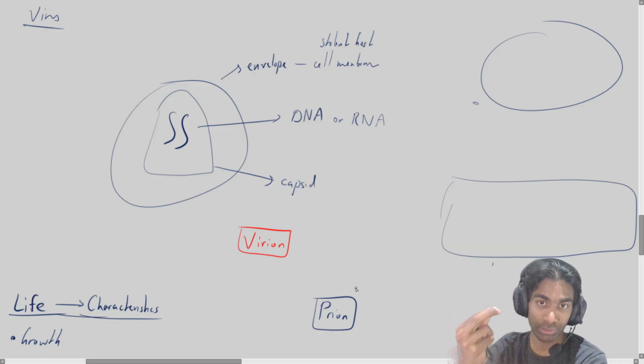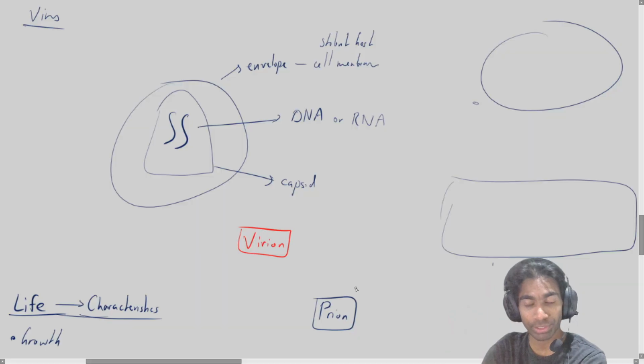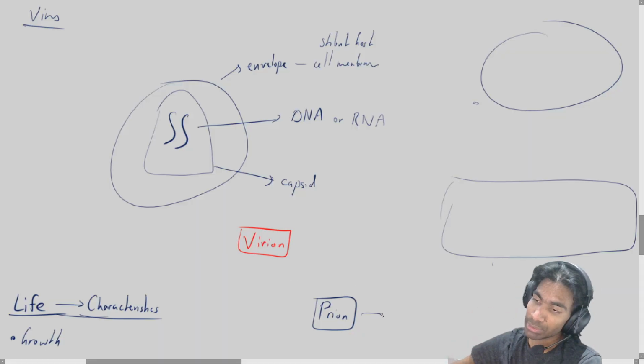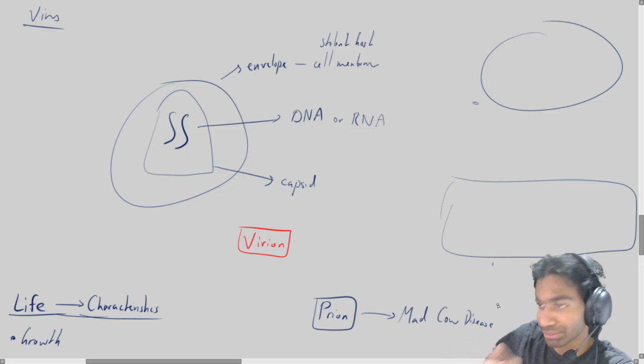It's a type of protein where when it finds another protein that isn't quote unquote infected, it infects that protein by turning that protein into itself. And then that protein will go on to continue that quote unquote infection, right? So a prion can also cause diseases as well. And this can cause, for example, mad cow disease, which is when a cow basically goes rabid, right? But that is caused by a prion.